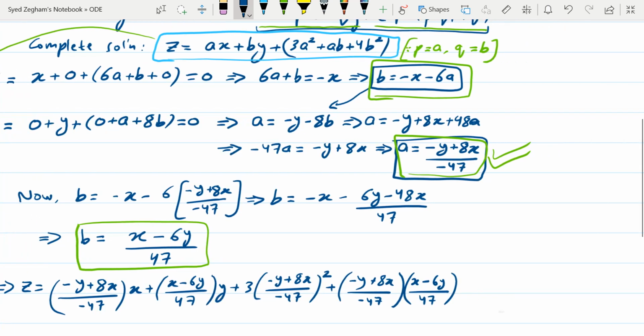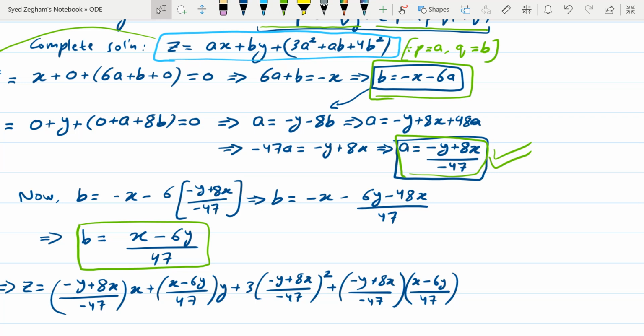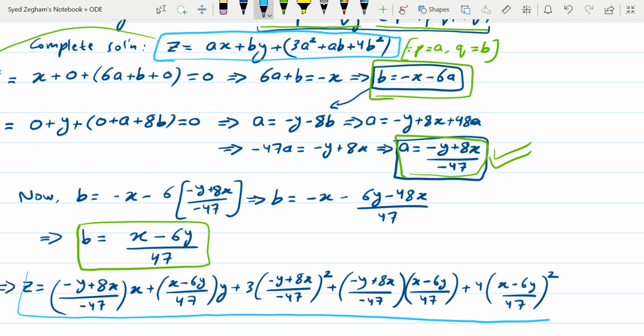and plus 4b square. So plus 4 times b square. B is x minus 6y over 47. So b square means x minus 6y over 47 whole square. This expression which you are getting here contains no arbitrary constant.